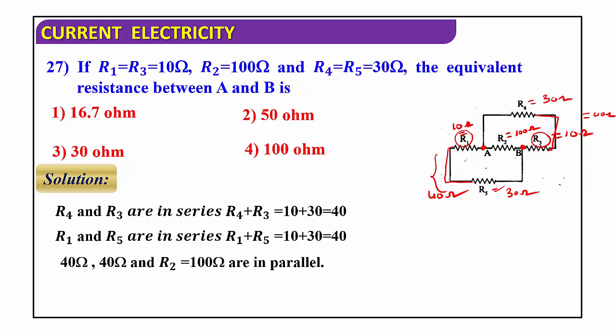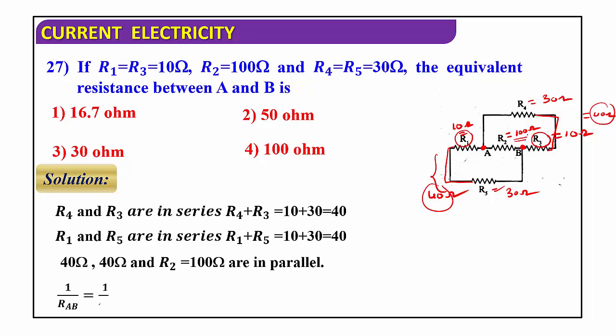And R2 equal to 100. They are in parallel. So the 40 ohm and this 40 ohm are connected in parallel with what? 100 ohm.